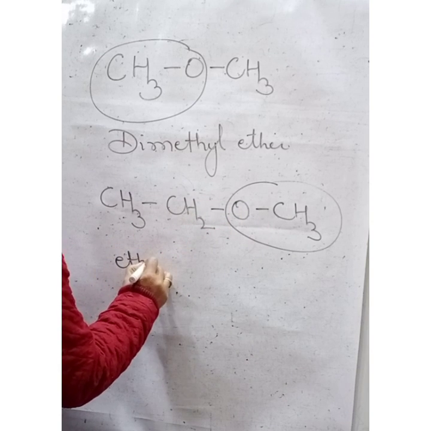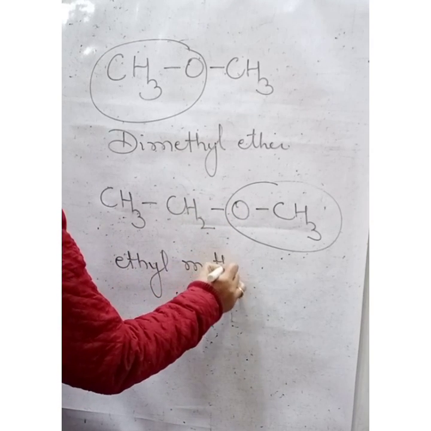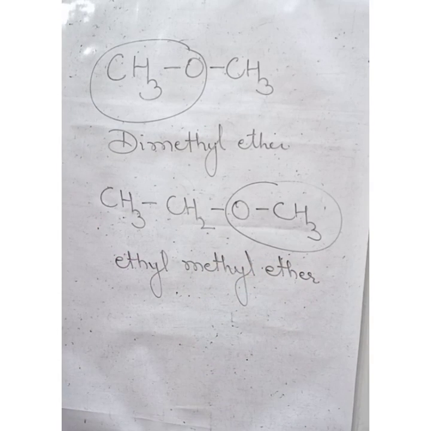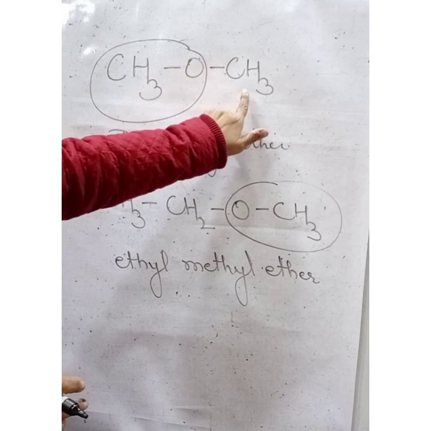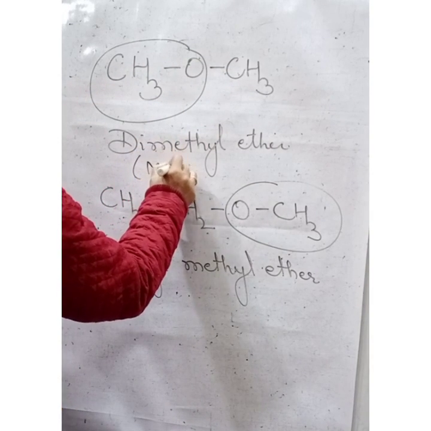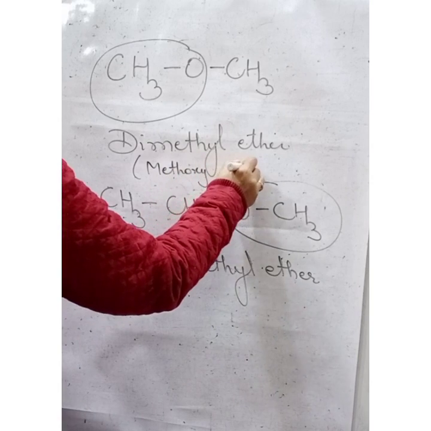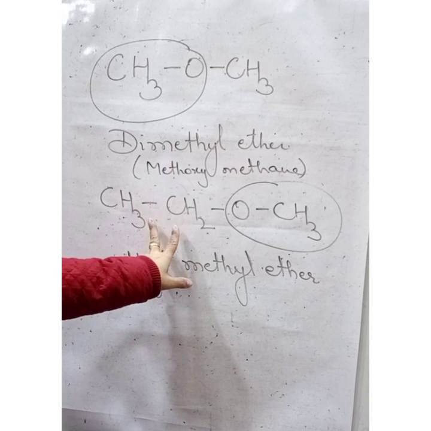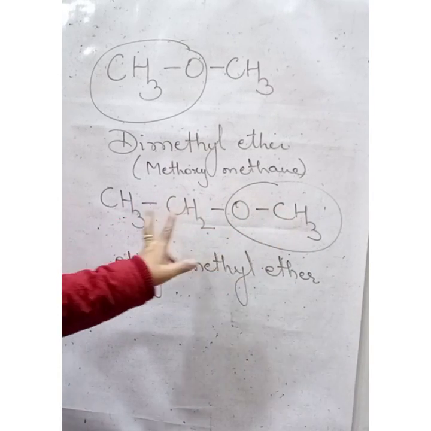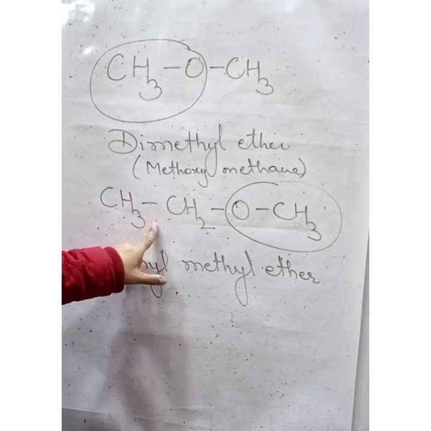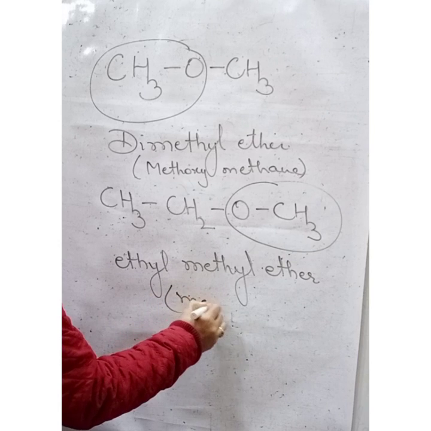So we will write ethyl methyl ether. Now, if you are using a prefix for ether, we can write methoxymethane for the earlier example. Similarly, we can write ethoxy, and we name this first. Methoxyethane can be written for this.